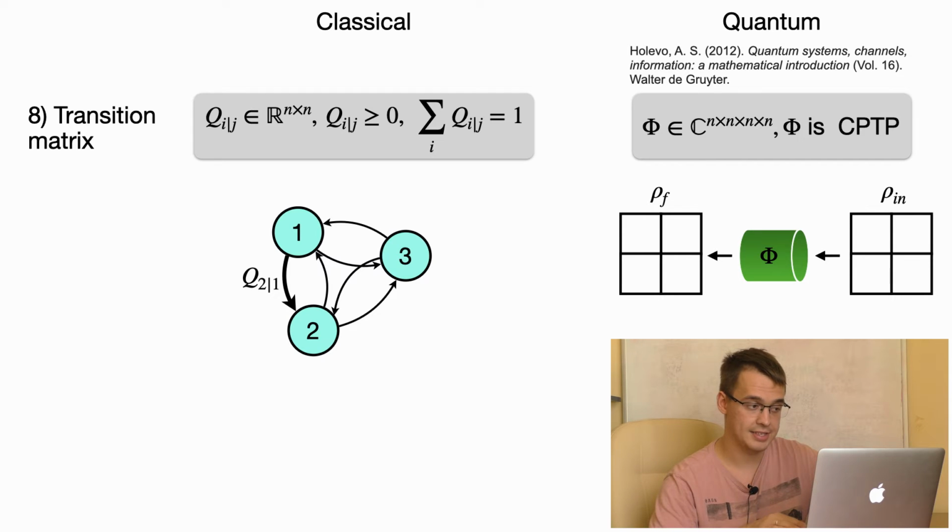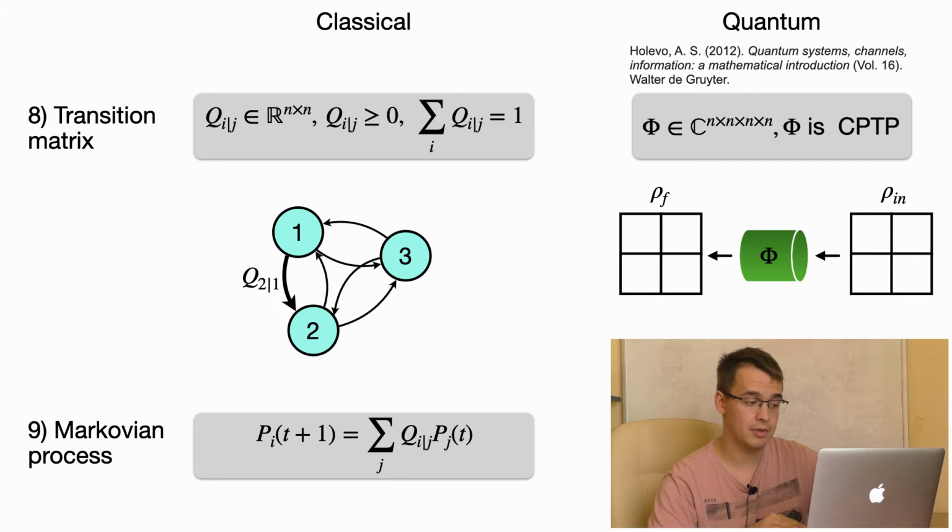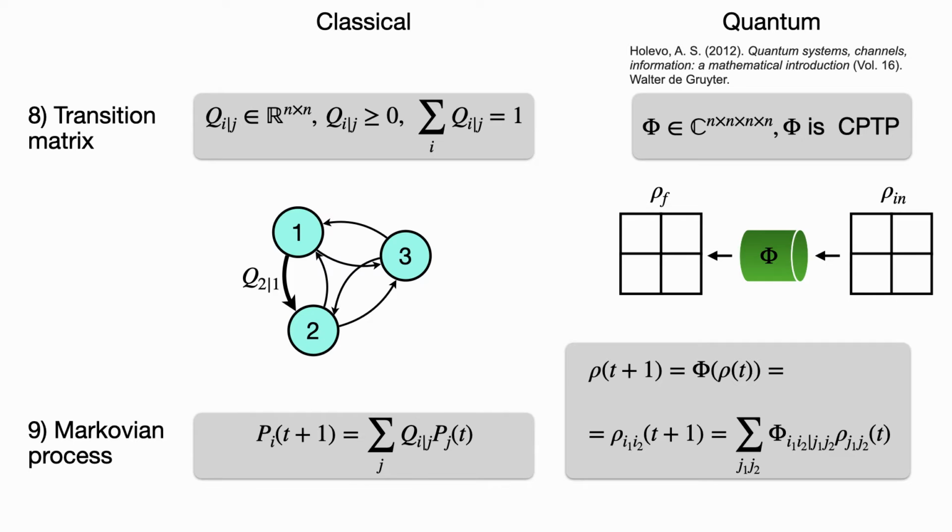In the classical case, the transition matrix induces a so-called Markovian process that shows how the initial probability vector evolves in time. In the quantum case we have a similar situation, and a quantum channel induces a so-called quantum discrete Markovian process that shows how an initial density matrix evolves in time.